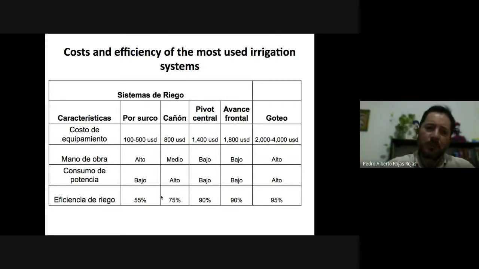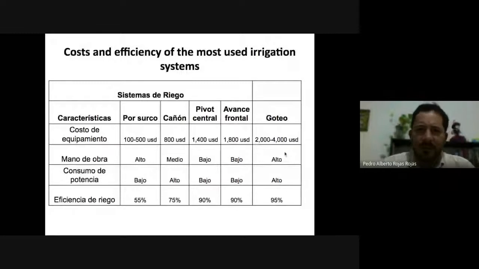The quantity of people is high in the first choice and is very low in the last choice. So these numbers you can analyze and decide, in function of the cost and the efficiency, what is the better system for your farm.